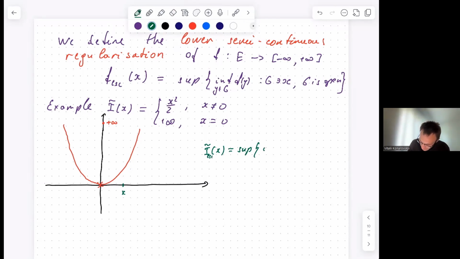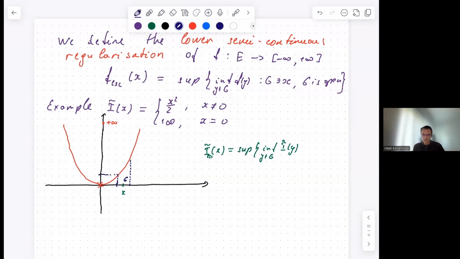You need to take the infimum of the function I tilde of y, where y belongs to G. Therefore, what you do here, you just fix any open set, say a ball or an interval, and then you compute the smallest value of the function on this interval.